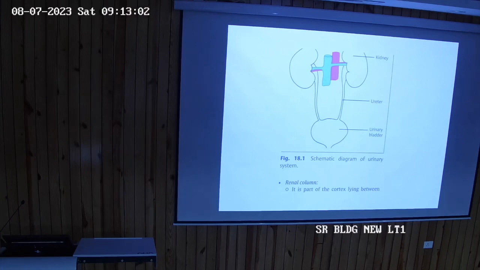You are seeing here the dilated part of the ureter, and this dilated part is called the pelvis of the ureter.